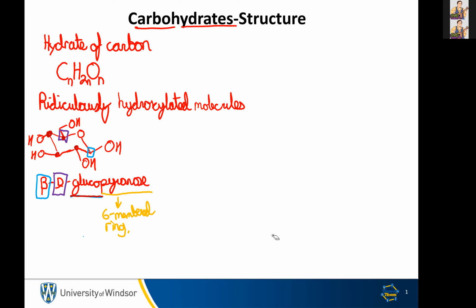Now, the reason this all gets complicated is because if I put this into water, I get a mix of things. This interconverts to this guy.